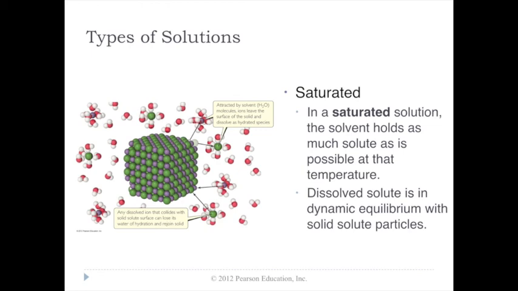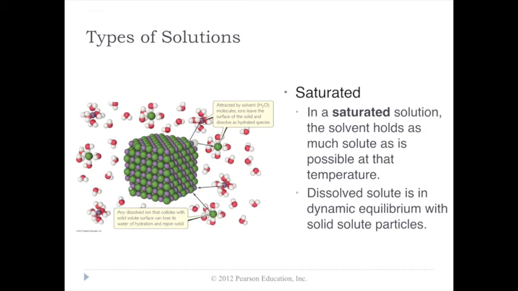There's a saturated solution, which we actually talked about in lab. A saturated solution is holding as much solute as the solvent possibly can at that temperature. So if you're dissolving solute into the solvent and it stops dissolving, you have a saturated solution. That solvent is holding as much solute as it can at that temperature.